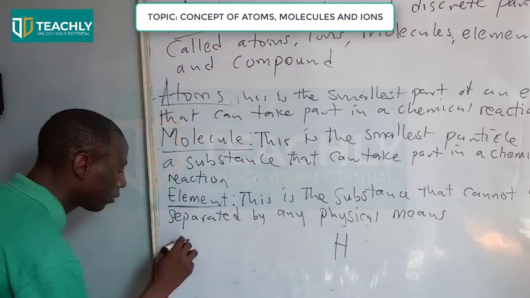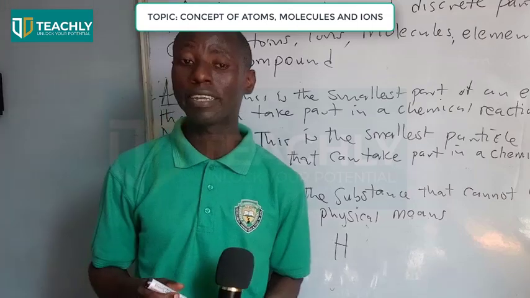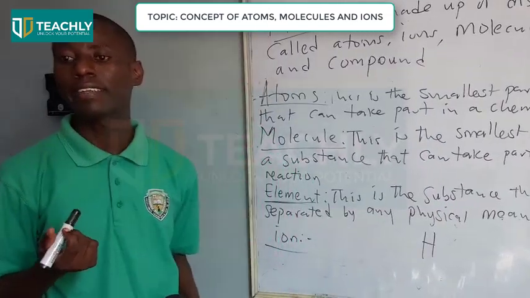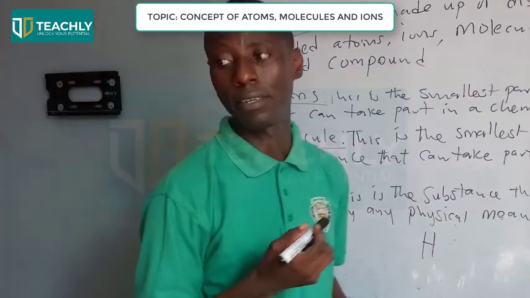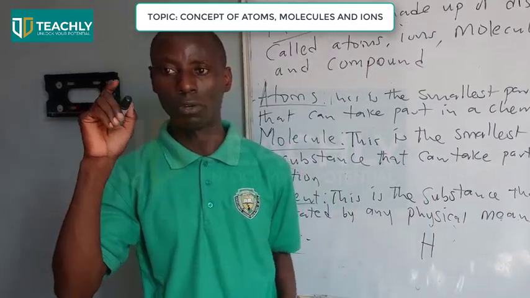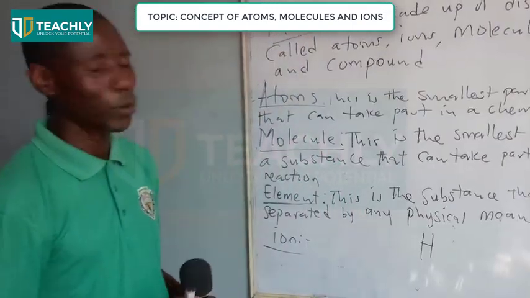So let's look at ion. When you say ion, what is ion? Ion generally is a charge. A charged element. When an element becomes charged, it's referred to as an ion. And we have two types of ion. We have positive ions and negative ions. What are the positive ions?